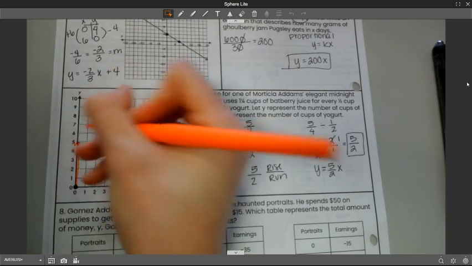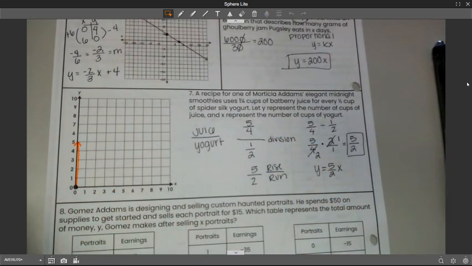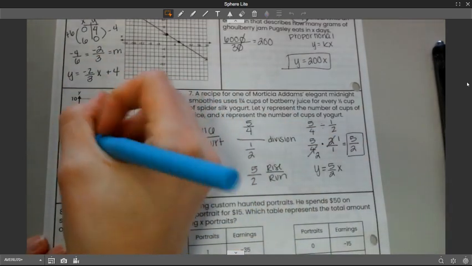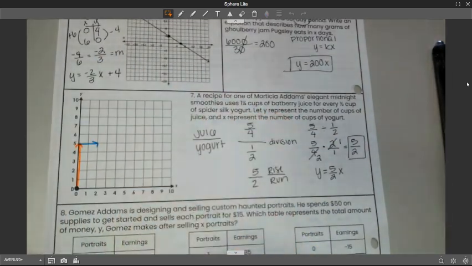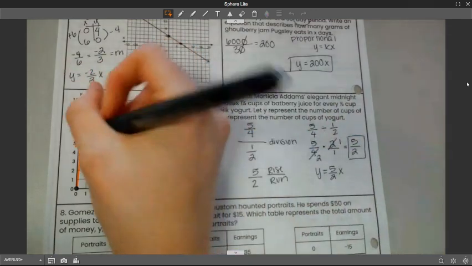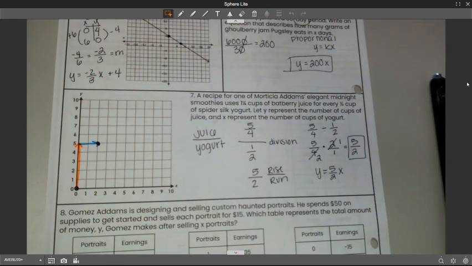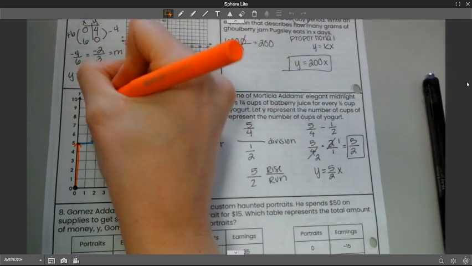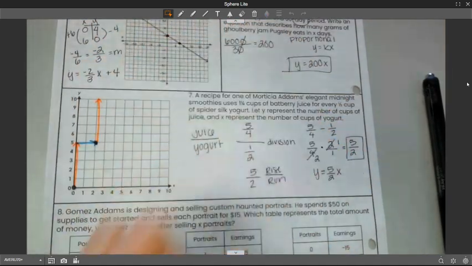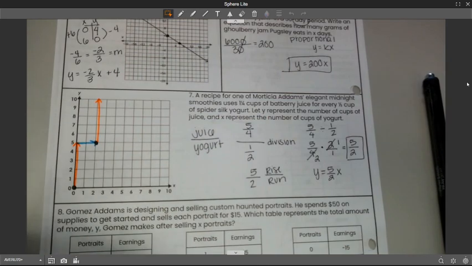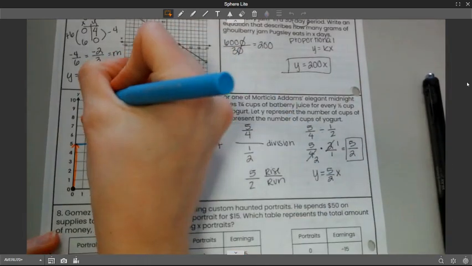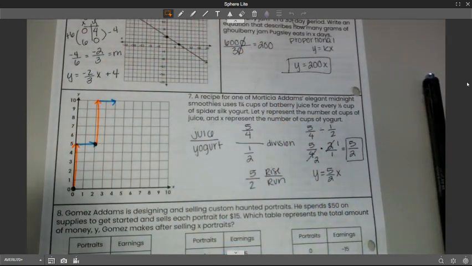So I go up 5, and then we are going to run 2, and I can put a point there. Rise over run. And then I could do it again. I can go up another 5, rise 5, and then we can run 2 more. And then I would have a point at 4, 10.